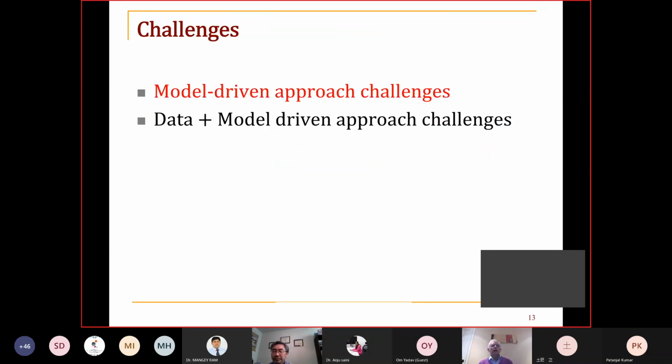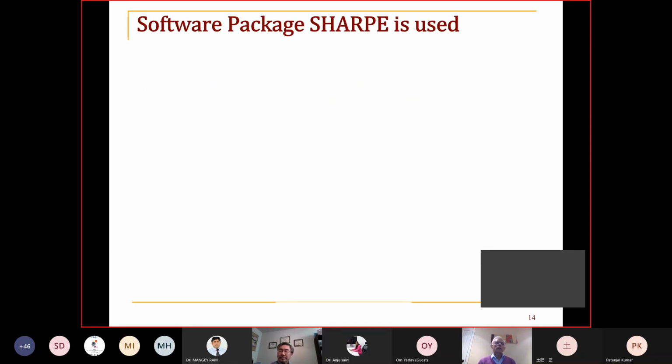So now most of the talk will be on this model-driven approach, and a little bit at the end, if I get time, on the data plus model-driven approach. For the model-driven approach, most of the actual examples that I have done with real systems use this package that we have developed called SHARPE.